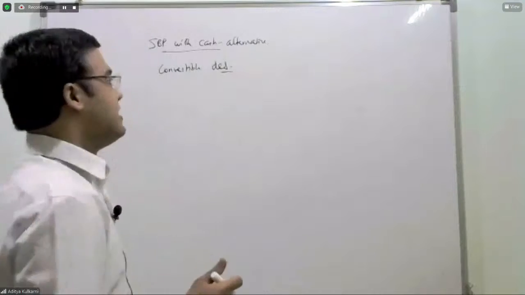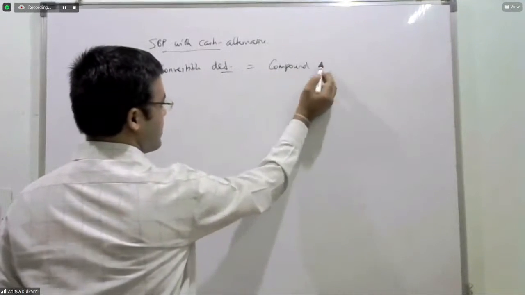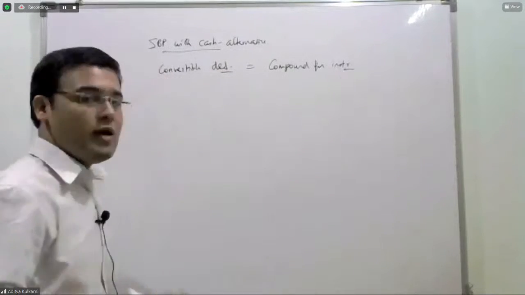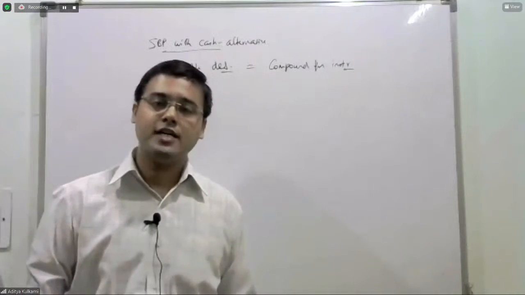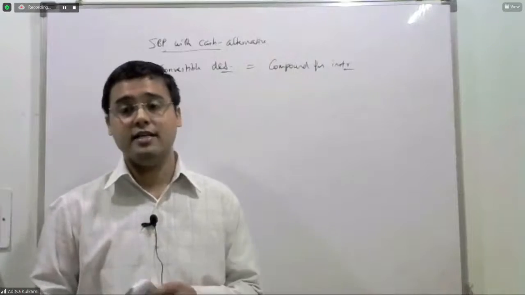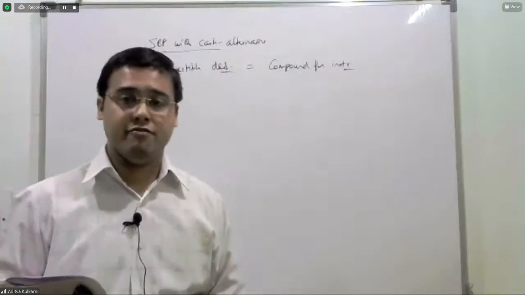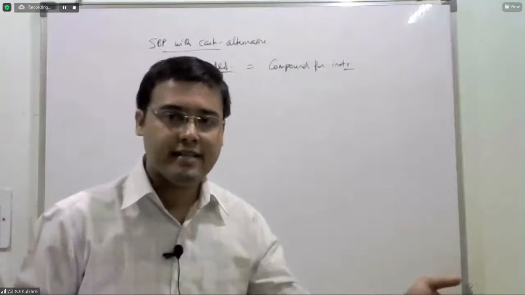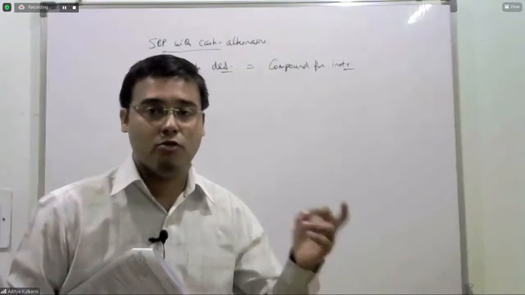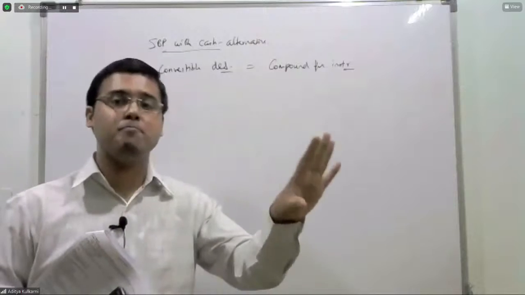In terms of financial instruments, this becomes a compound financial instrument. A convertible debenture becomes a compound financial instrument. Likewise, my SBP with cash alternative. You can get cash at the end of the period, or you can get equity. Both these options exist at the option of the employee.